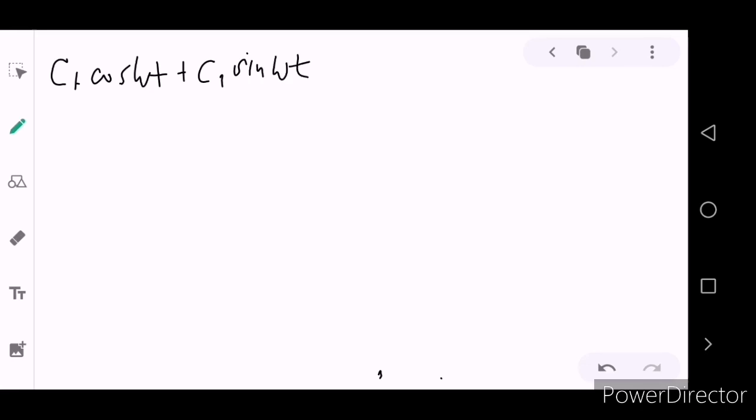Sama ng sulat ko. Anyways, sabayan nyo lang ako para maintindihan nyo, okay? We could equate this to the amplitude sine omega t plus the phase angle or theta.